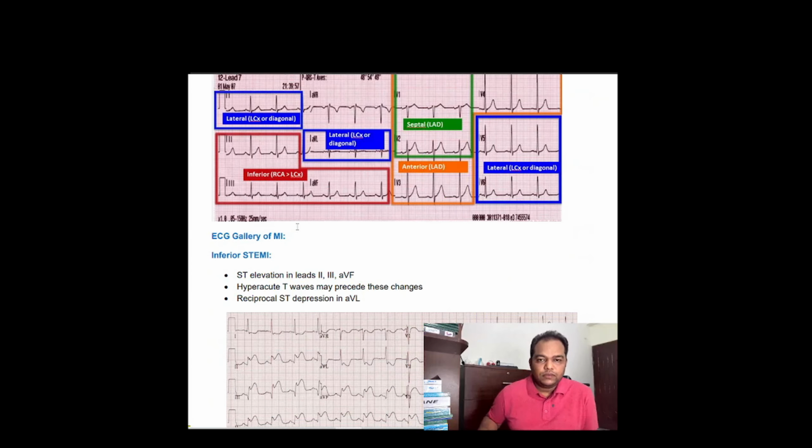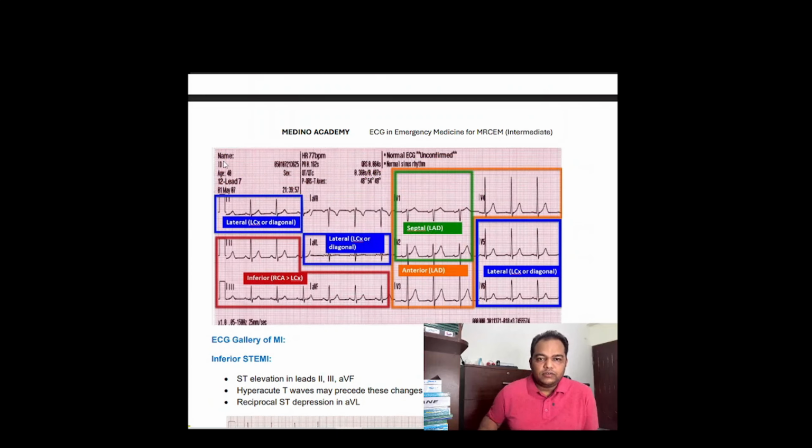Now you can see the image. It represents the culprit artery and the anatomical location of MI in ECG. In case of lateral myocardial infarction, you can appreciate ST elevation in lead 1, lead aVL, and V5 and V6.